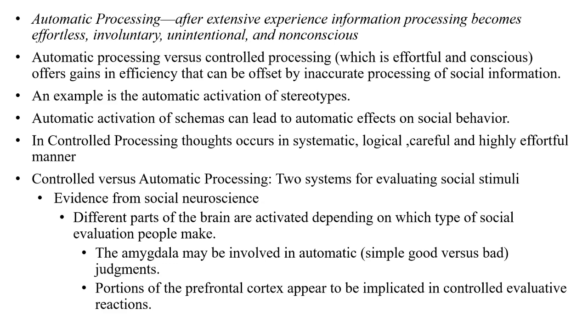So the amygdala can be involved in automatic, we can just say, simple good versus bad judgments. Portions of the prefrontal cortex appear to be implicated in controlled evaluative reactions. Okay, the amygdala is involved in automatic processing, while the prefrontal cortex is responsible for controlled processing.